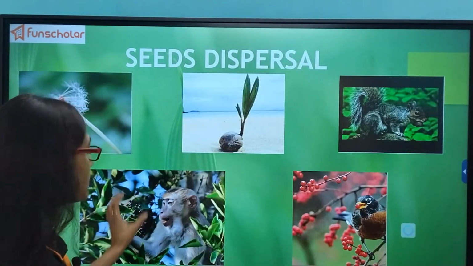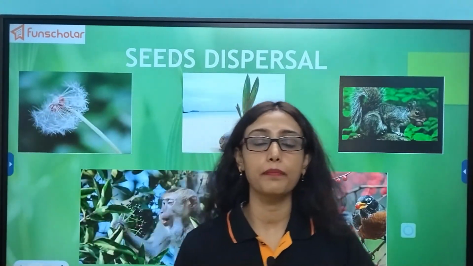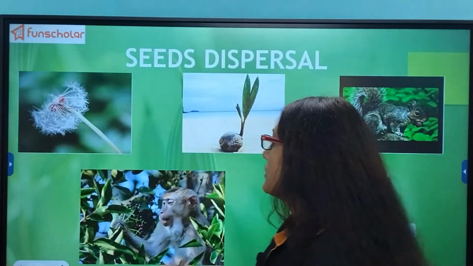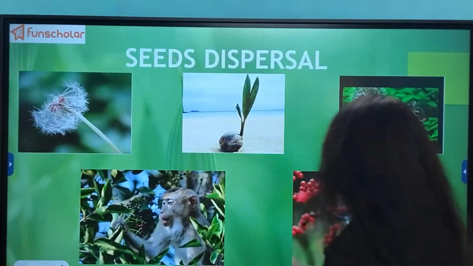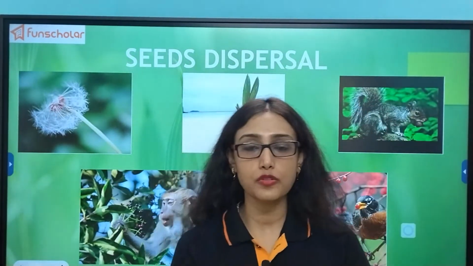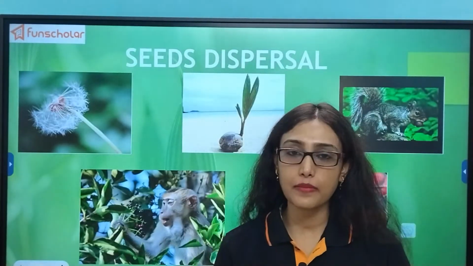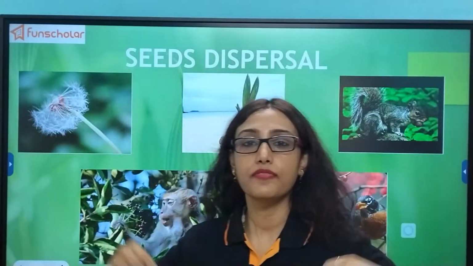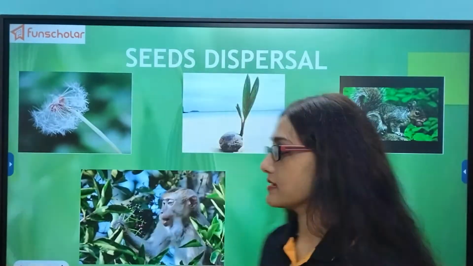So in this way, the seeds move from one place to another. So who is helping the plants to move seeds? Air, water, animals, birds, and not only that, we human beings eat fruits and vegetables and throw the seeds here and there. That's why different kinds of plants are found in different places.